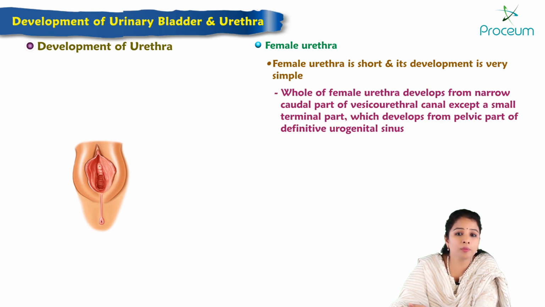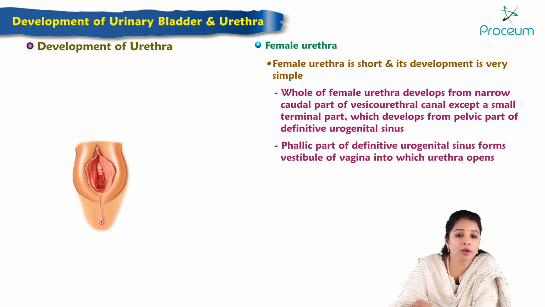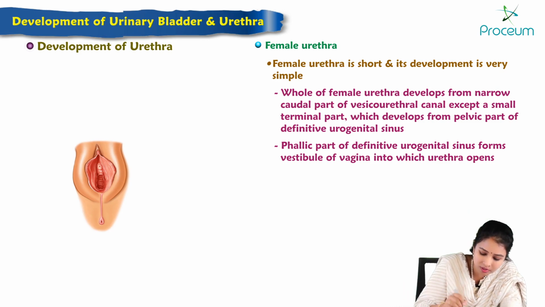So, the whole female urethra develops from the narrow caudal part of the vesico-urethral canal, except a small terminal part which develops from the pelvic part of the definitive urogenital sinus. The phallic part of the definitive urogenital sinus forms the vestibule of the vagina, into which the urethra opens. So the phallic part forms the vestibule.